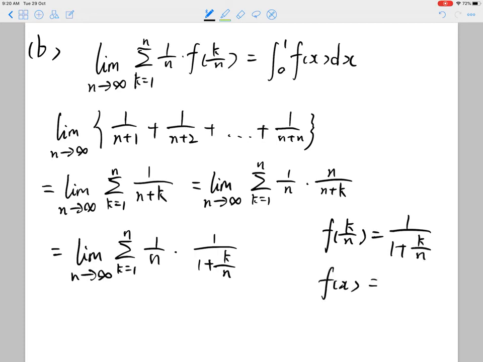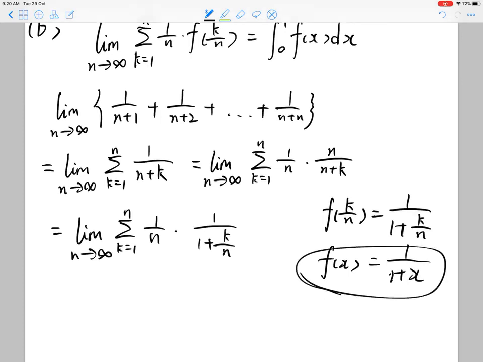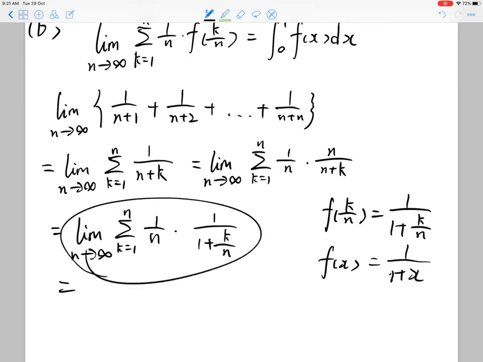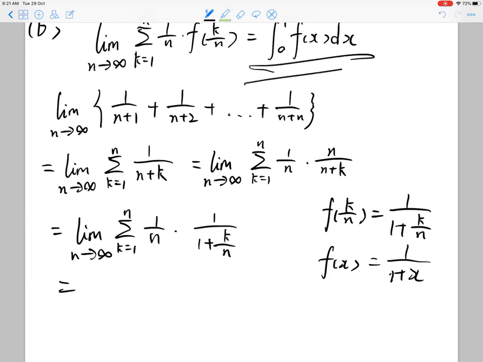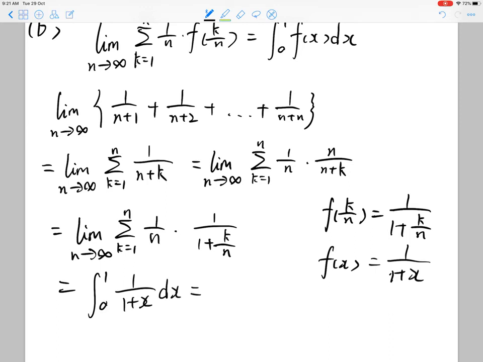Your f(x) is just 1 over 1 plus x. So this limit of summation equals the integration of f(x). Then this part is just ln of the absolute value of 1 plus x from 0 to 1. So it's ln 2 minus ln 1. It is ln 2.